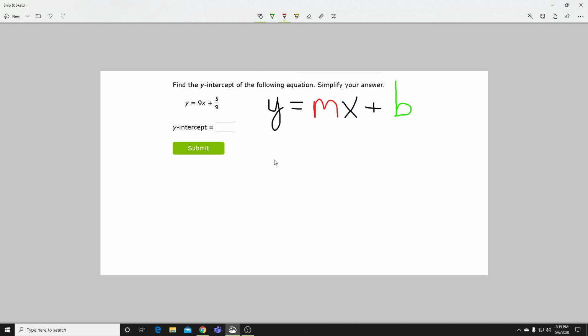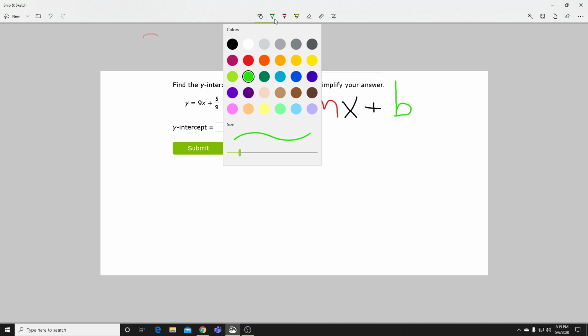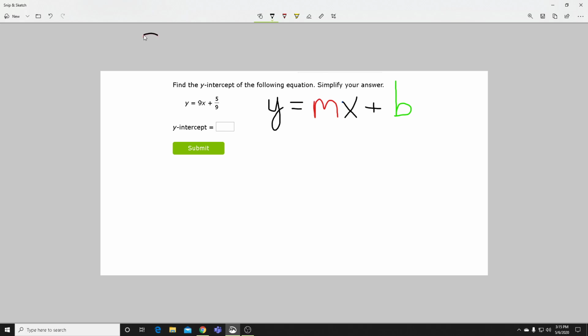This is called slope-intercept form. This y equals mx plus b that I wrote right here. Slope-intercept form. Let me even write that. I know it takes a second, but I want you guys to see it. You have the slope and the y-intercept right in the equation, and it's in slope-intercept form.